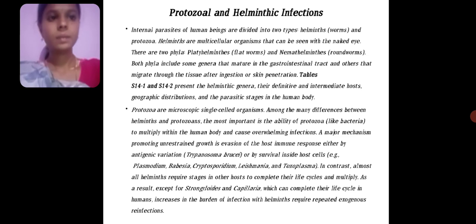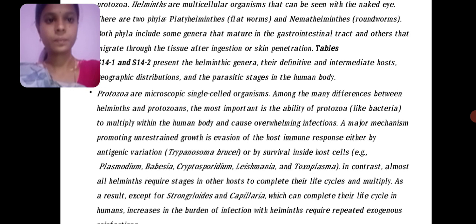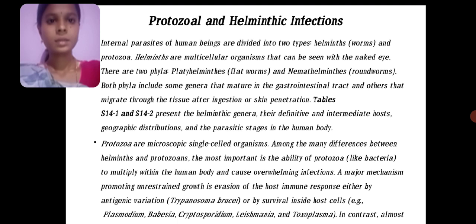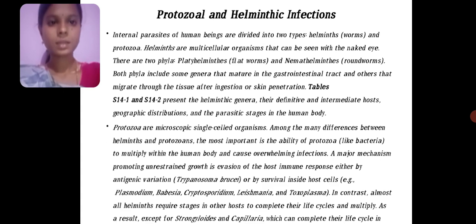Protozoal and helminthic infection. Internal parasites of human beings are divided into two types: helminths and protozoa. Helminths are multicellular organisms that can be seen with the naked eye.